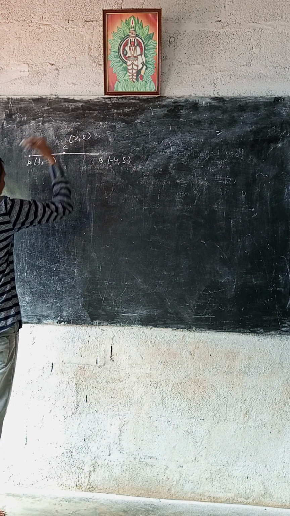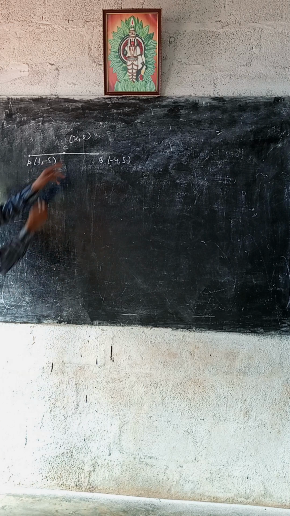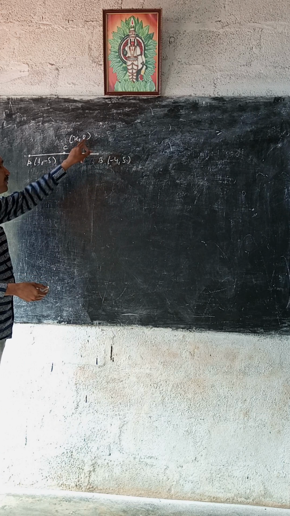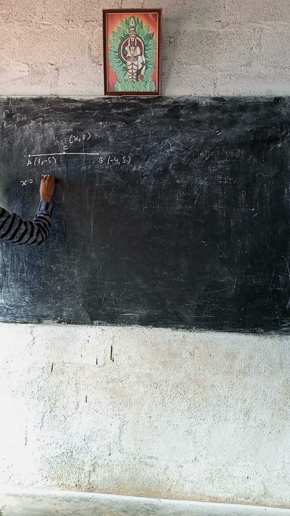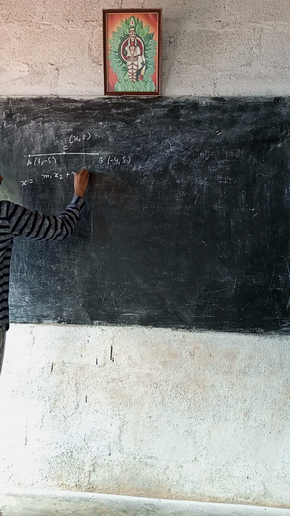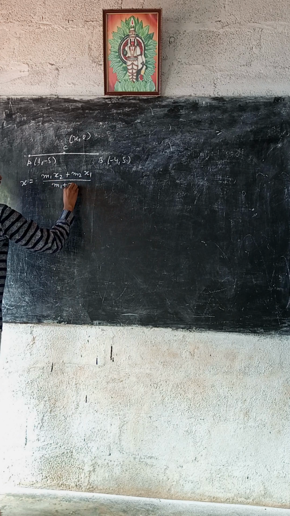Now we are going to find the ratio. To find the ratio, we have the formula x is equal to m1 x2 plus m2 x1 by m1 plus m2.